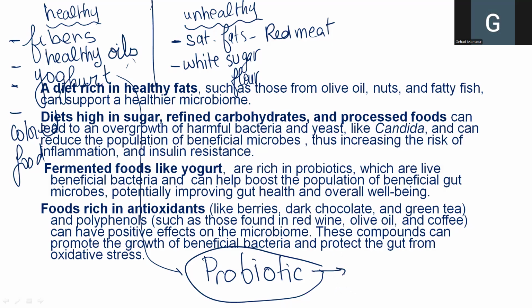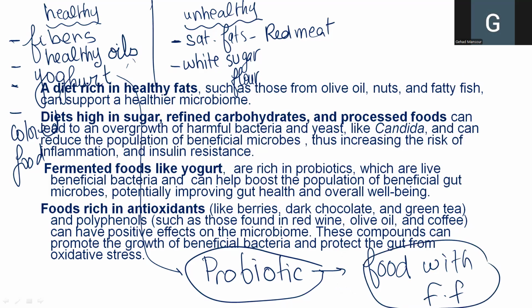But probiotics are food items with friendly flora. They contain already friendly flora like yogurt, and therefore by taking probiotics, you are enriching the community of friendly flora inside your gut.